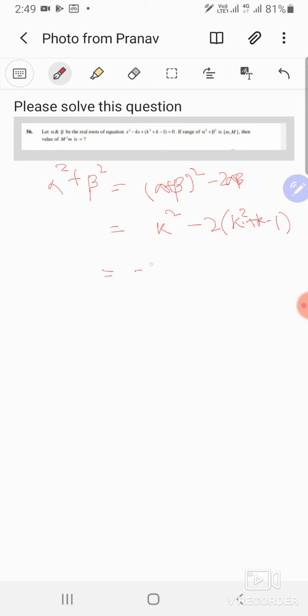That is going to be negative k squared minus 2k plus 2, which is negative of k squared plus 2k minus 2. Not factorizable yet. Okay, fine. So now we need to find the range of this function, which is given as [m, M].